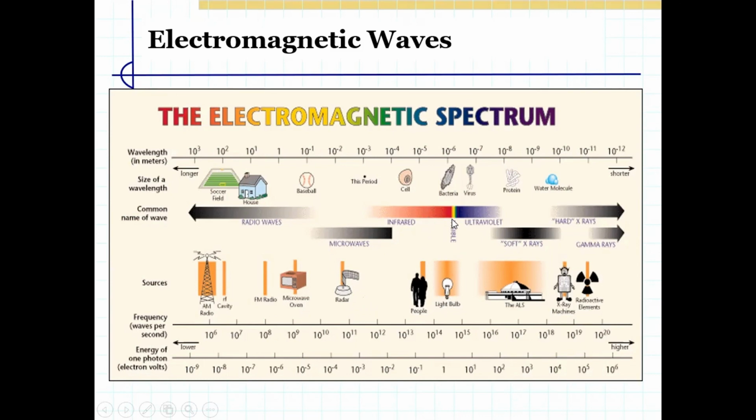The light bulb is in the visible light region, and then come the soft X-rays used for medical purposes, the X-ray machines, and then we have radioactive sources, which are hard X-rays or gamma rays. They have special purposes for nuclear medicine.